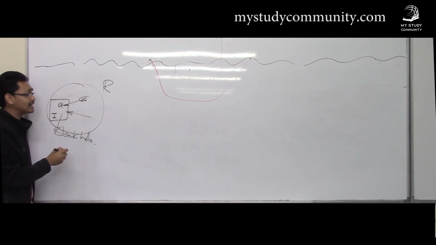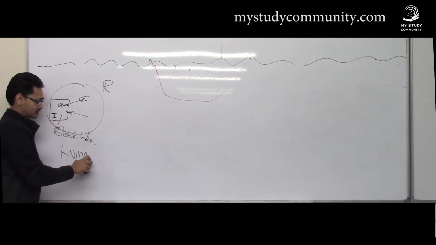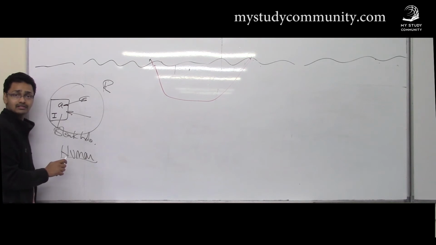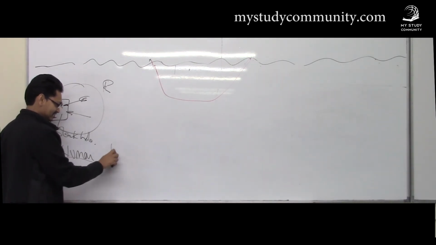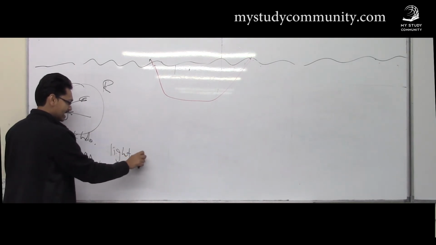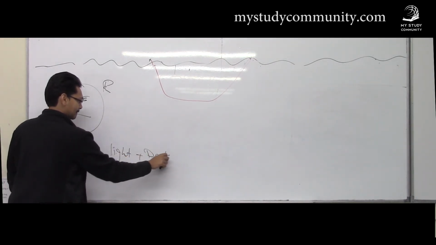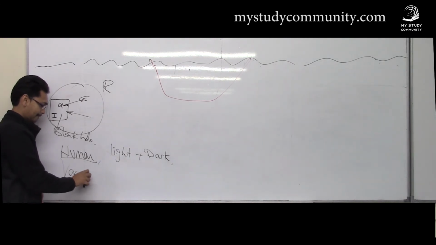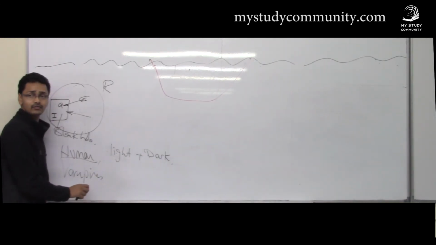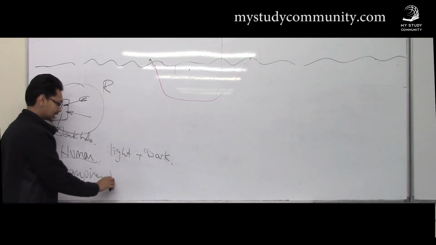So let's just say if you have humans, and humans could live where? In the light. Oh yeah, and in the dark. But then it has vampires. And vampires can live where? In the dark.